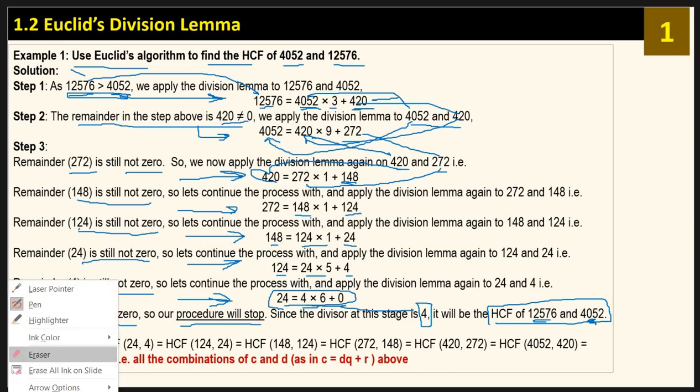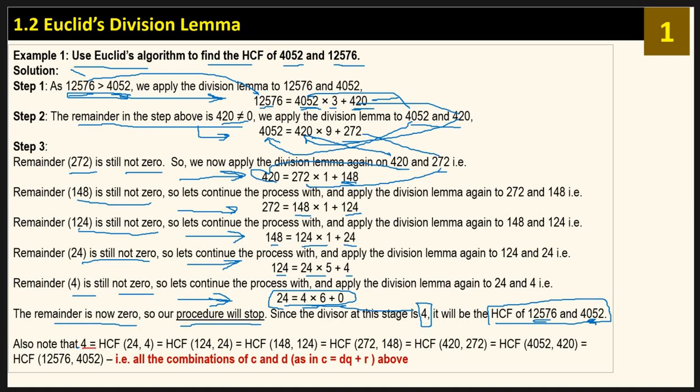And let me change the ink color to highlight that 4 will be the HCF of 24 and 4, which is, if you see here, 24 and 4. 4 will also be the HCF of 124 and 24, and also of 148 and 124, and so on.